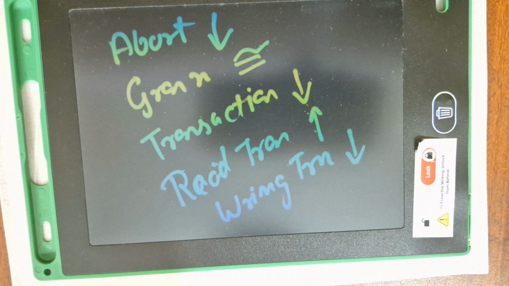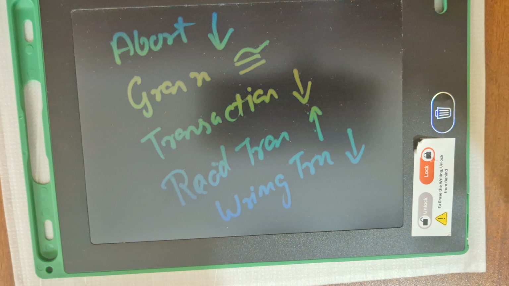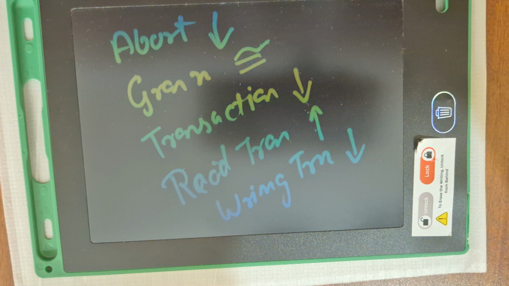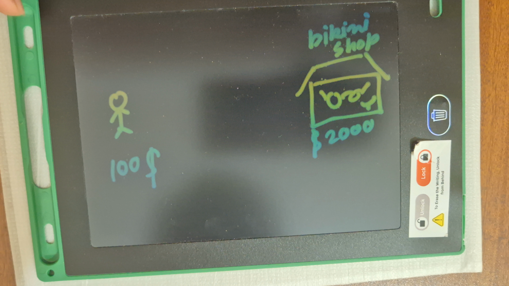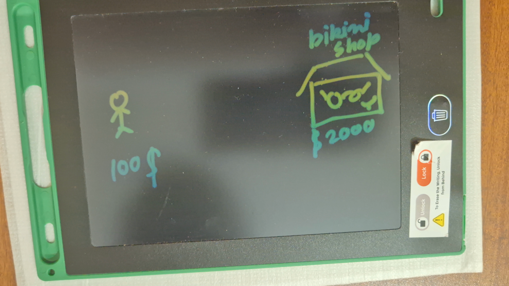Also, we have to check how many aborts are happening. If the aborts are too many, then most probably it's better to go with two-phase locking, because if you have done 10-20 aborts, obviously your performance is getting hit. Now, how can we check if aborts are high or low?